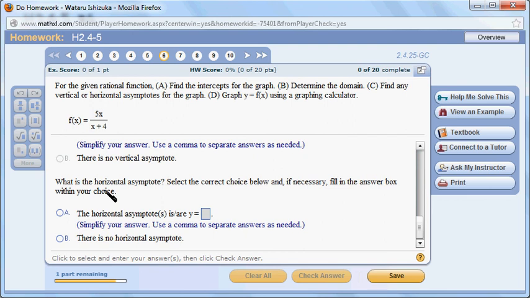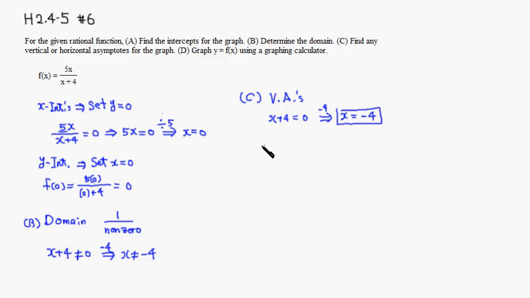Now, what is the horizontal asymptote? If you want to find the horizontal asymptote, we just need to look at the degree on top. You can see that the degree on top is 1, and the degree on the bottom is also 1, so there's a tie.